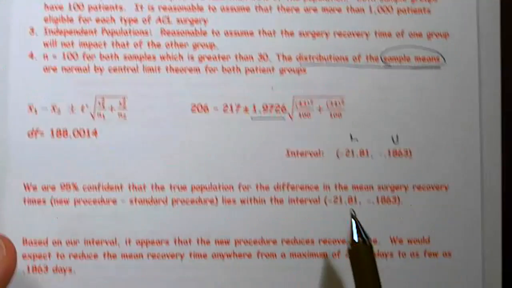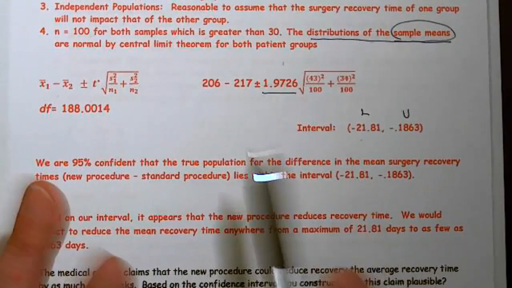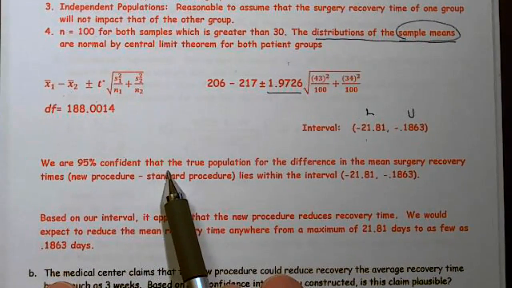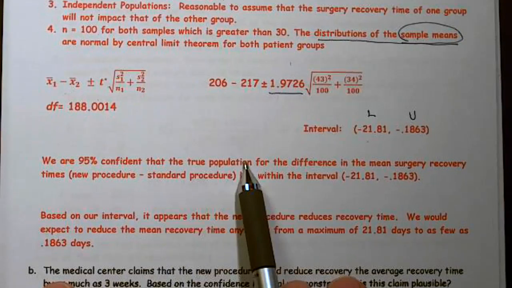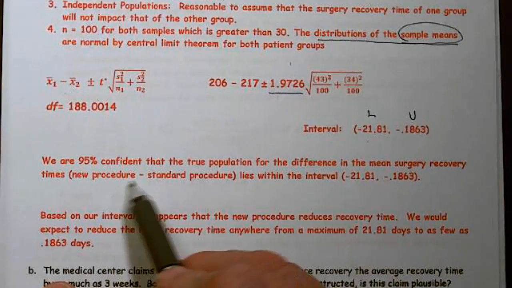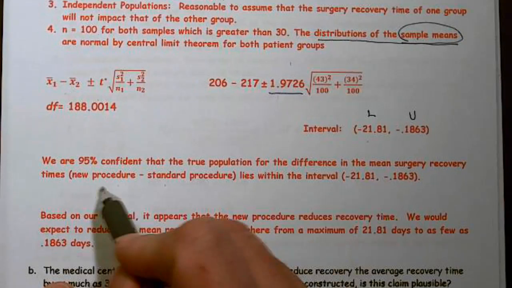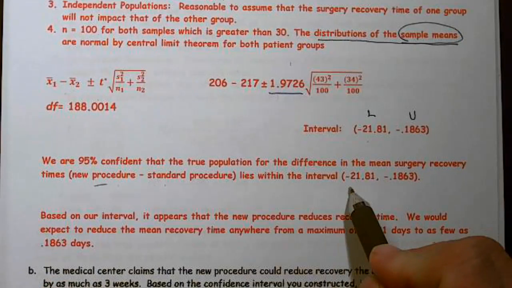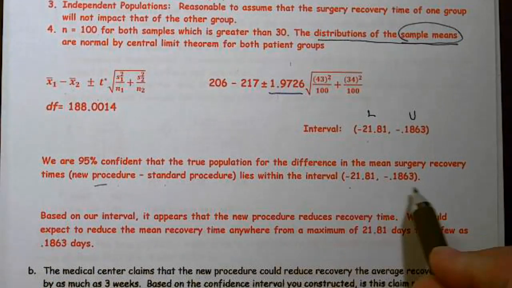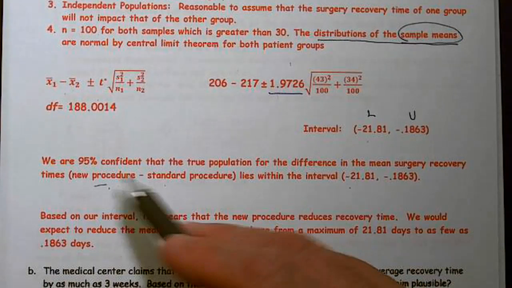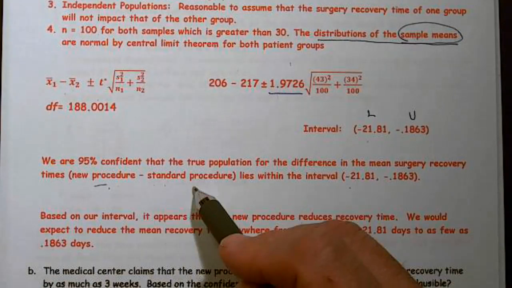So we now have all the data entered and we've calculated it. So what can we say? Well, we are 95% confident that the true population difference in the mean surgery recovery times, and I went new procedure minus standard procedure, and you need to tell people which way you went, lies within the interval -21.81 to -0.1863. That means the new procedure took less time than the standard procedure.